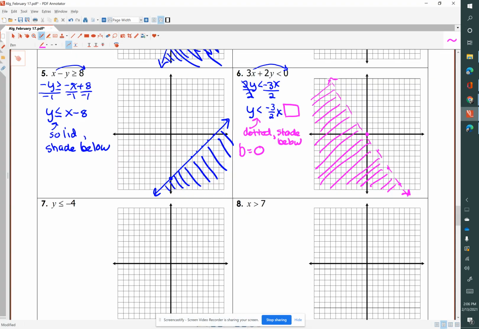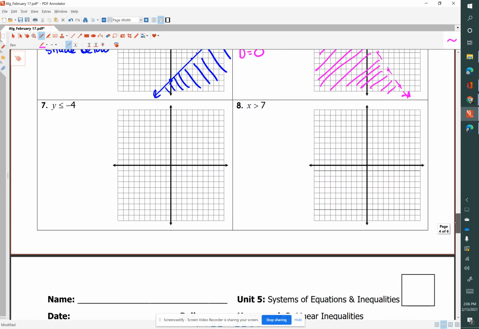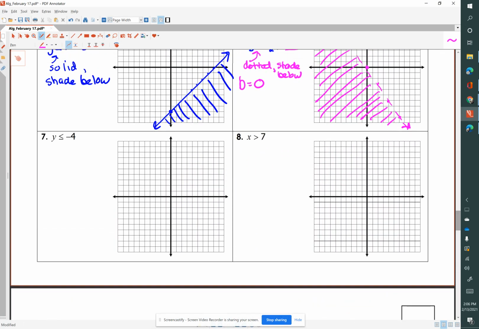All right, let's continue on. We have y is less than -4. So we have a slope of 0, right? If it were y equals -4, you would just draw a line.